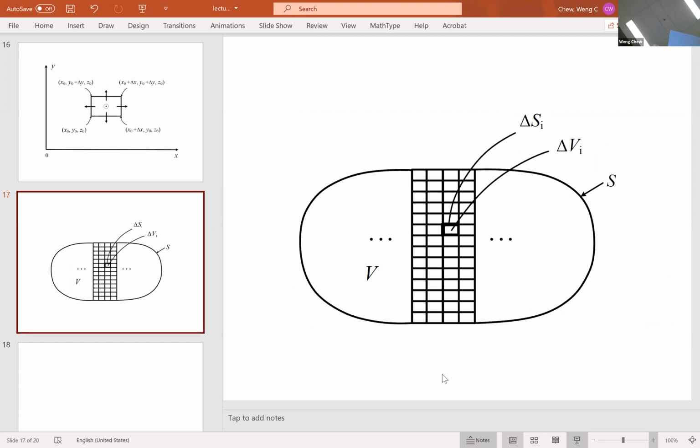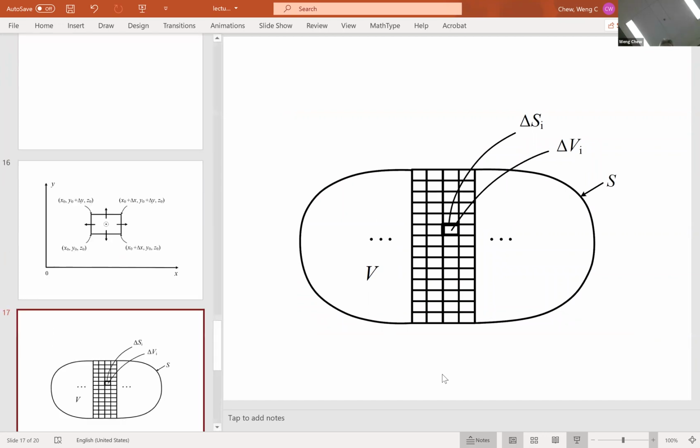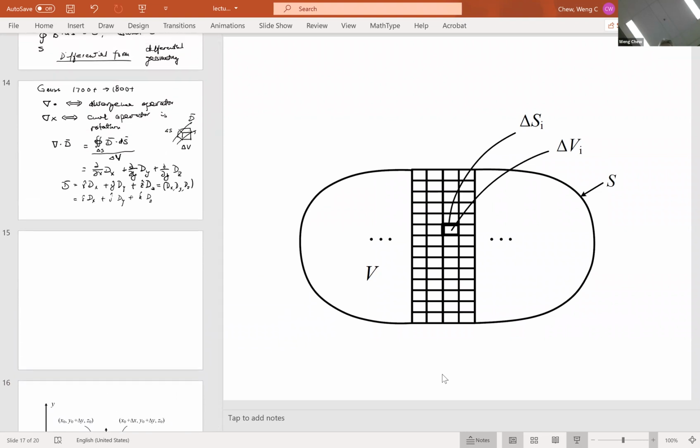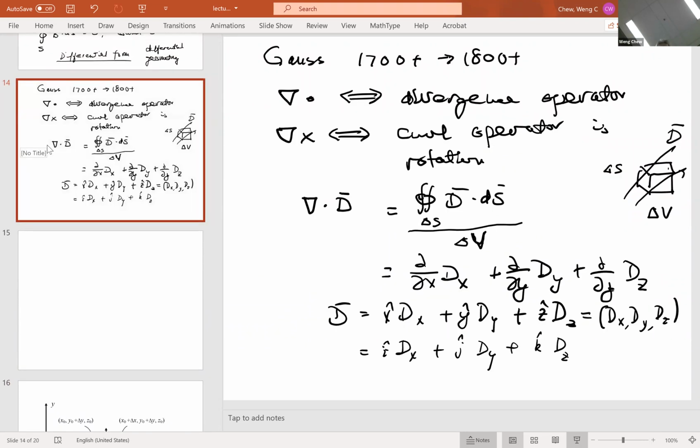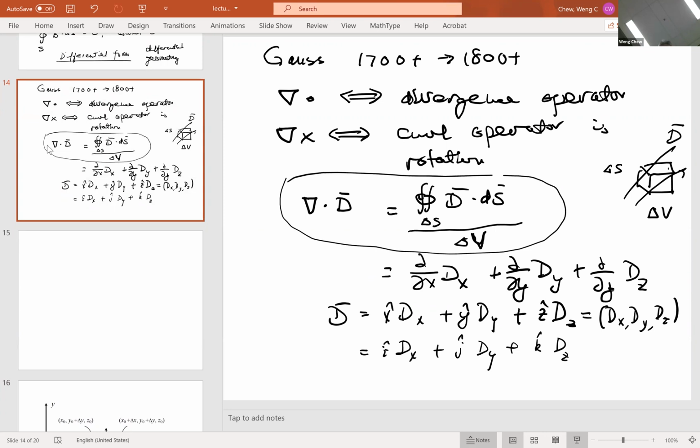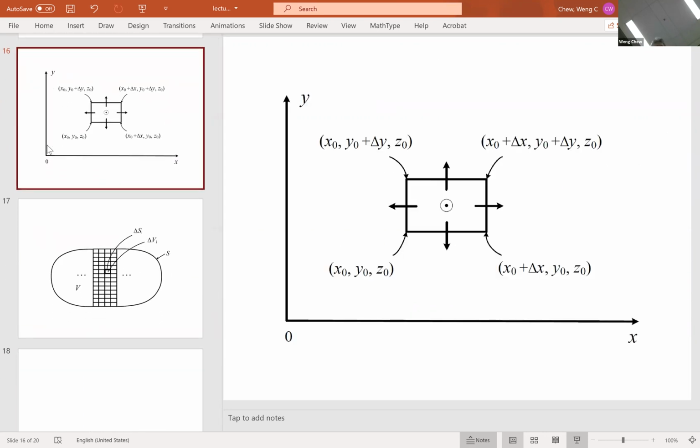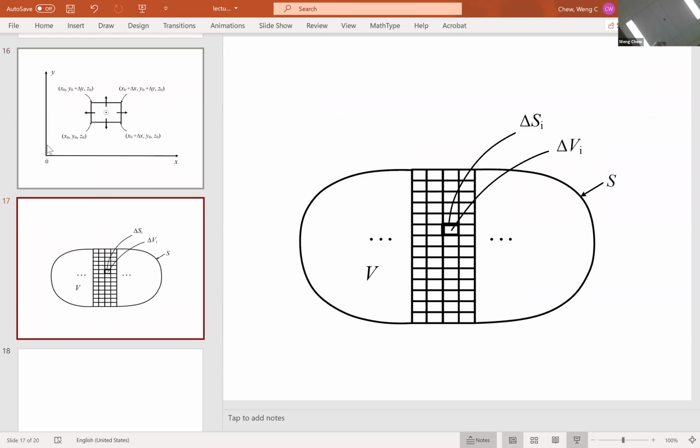But what is important is that using this identity, divergence of B is defined to be that. You can perform a small thought experiment, or Gedanken experiment, as the Germans call it. You can assume that you apply that small definition of divergence of B to each of these cubes that you have inside the volume B.